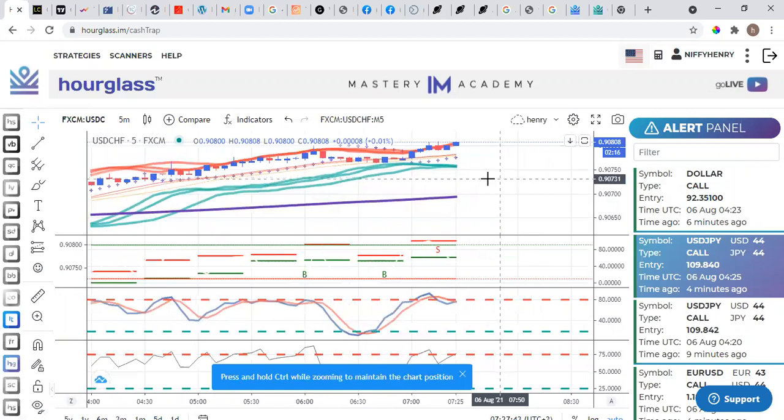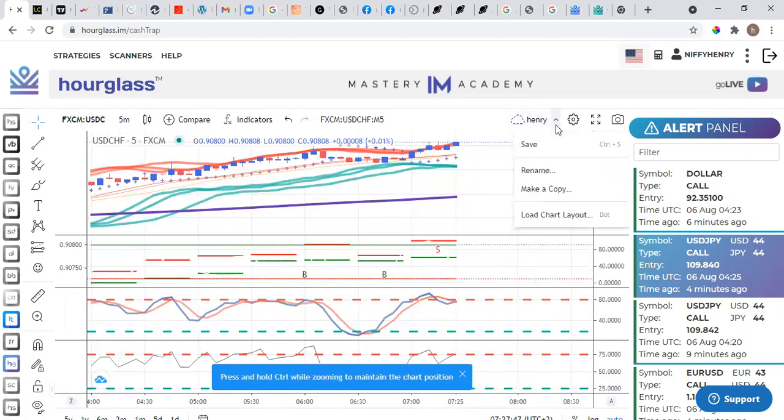Wait, I noticed that when I load these things, it does not bring out the quality score. Why is that?